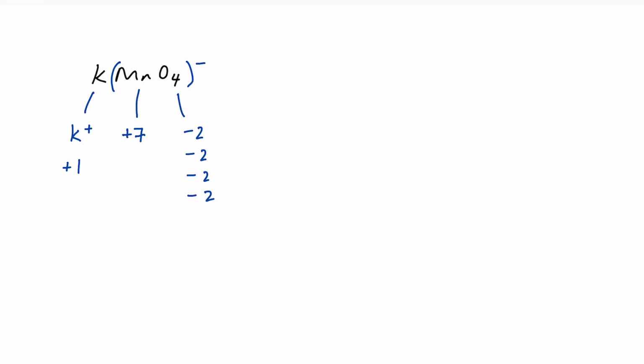And overall, this compound is neutral, and that works as well in terms of the oxidation states there. How would I name this? I would name it potassium manganate 7, where the 7 refers to the oxidation state of manganese in the manganate ion.